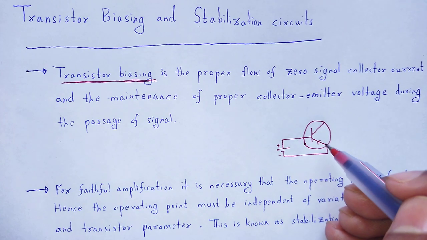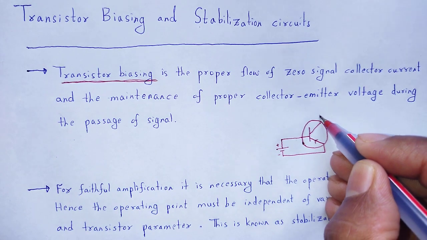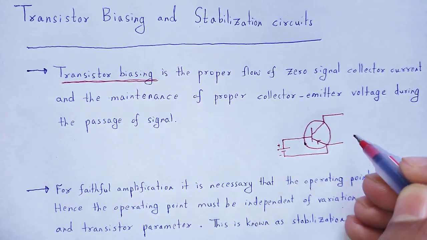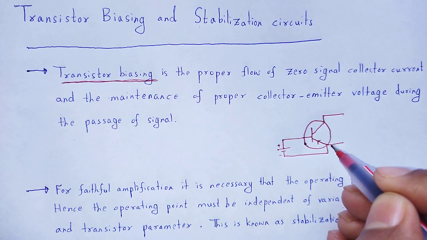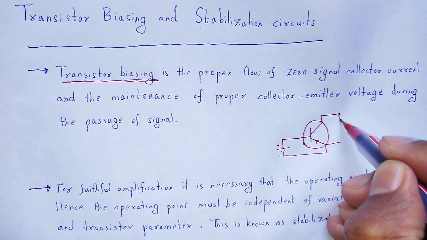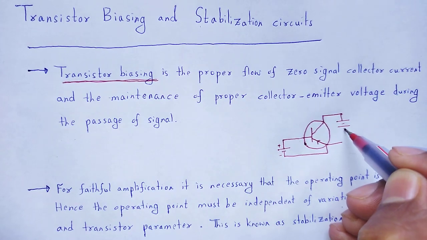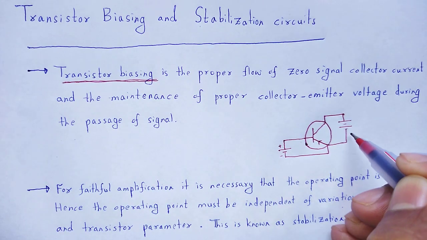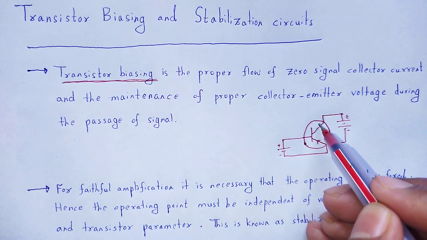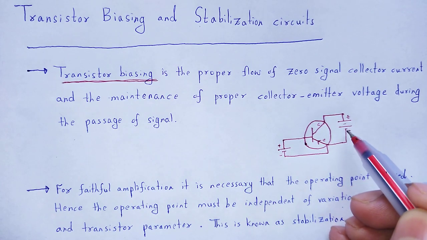And the collector junction must be reverse biased. Reverse biased in the sense that this terminal is connected to positive, and this one is connected to negative. Here the collector and emitter junction is reverse biased.